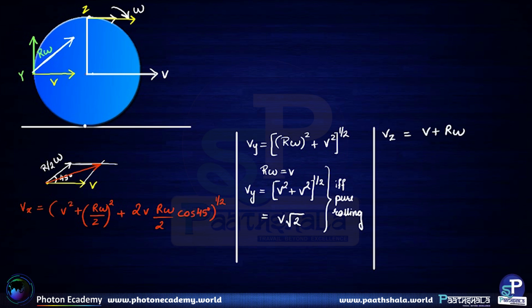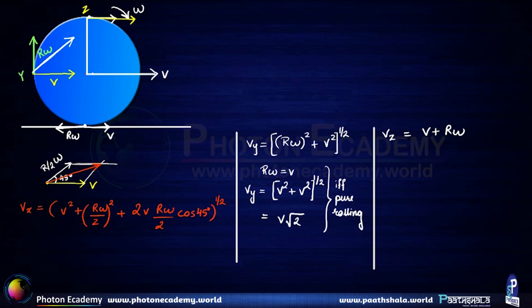Similarly, let us say this point is the point of contact P. So r omega is in the backward direction and v happens to be in the forward direction. So for the point of contact P, we can write down Vp is equal to v minus r omega.